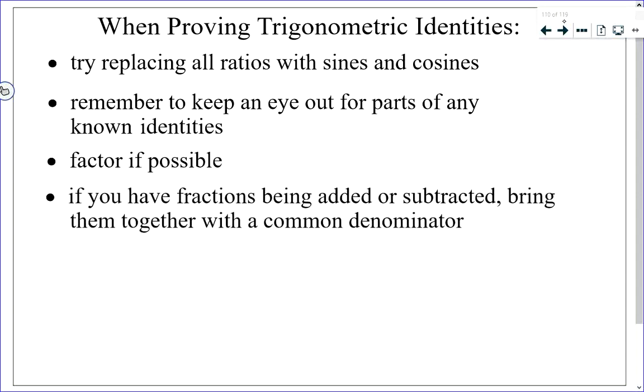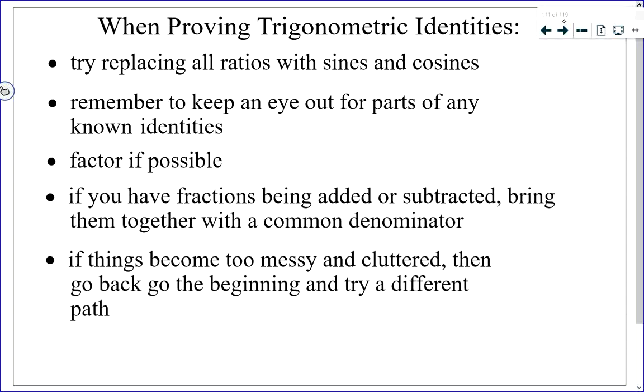Remember, everybody, that the idea behind a proof is you want to work on the left side and the right side separately, and you want to manipulate the left side by doing all of this to turn it into the right side, or manipulate the right side by doing all of this to turn it into the left side, or by working on each of them separately and finding a middle ground. But you still do all of this.